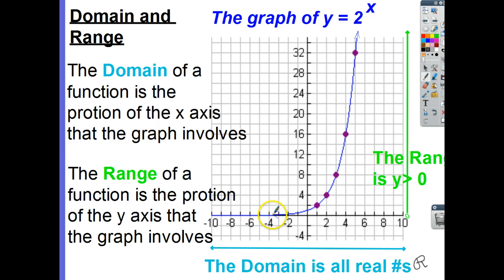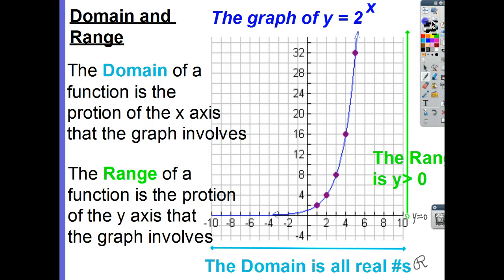And if it never reaches it, it'll never go beyond it either, and so it'll never have any negative numbers. In fact, it'll never be 0 because our horizontal asymptote is y equals 0. So we know it's always going to be above that, so we say that the range is y is greater than 0, and we typically use an inequality to define the range of a graph. Okay, so that's domain and range, and those are things that we usually talk about on every one of these graphs.